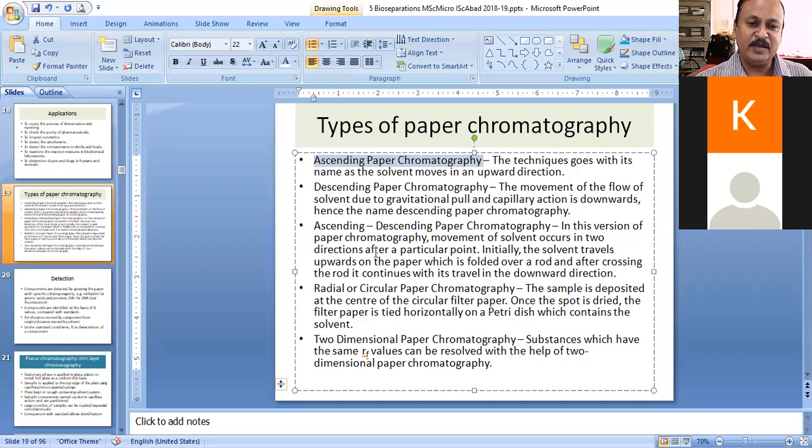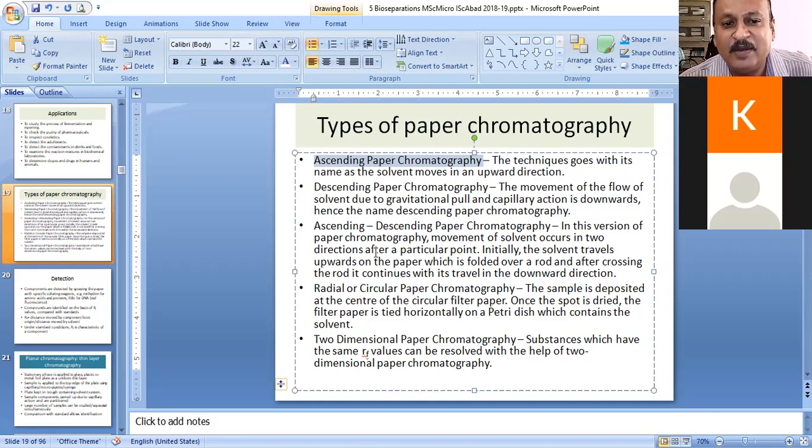In descending paper chromatography, there are two different forces used to drive the solvent: one is the gravitational force and the other is capillary action. Now between ascending and descending, which one is better?